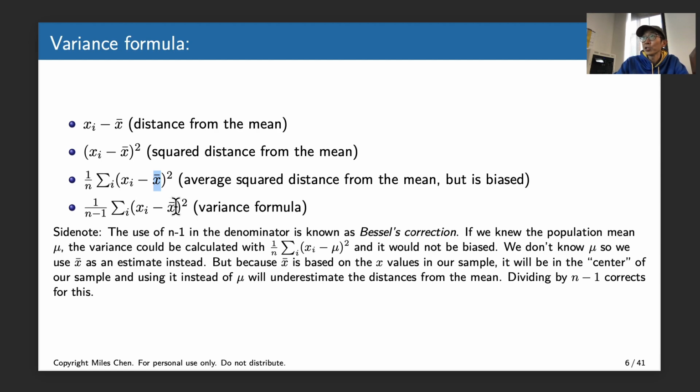But our issue is that we don't have the population mean, and we are estimating it using x bar. We're taking the mean of our sample, using that as the estimate of the population mean, and calculating our distances from the mean using our sample mean.